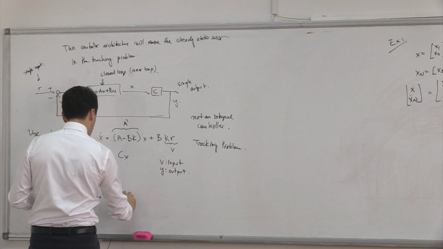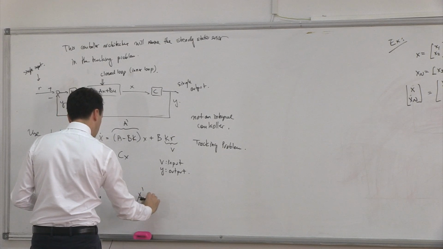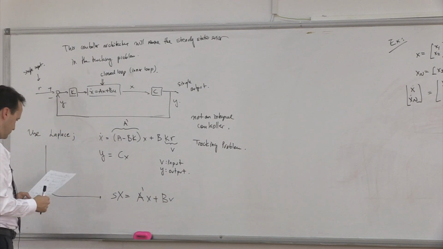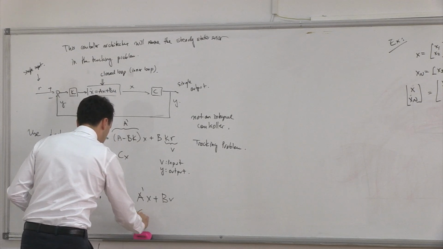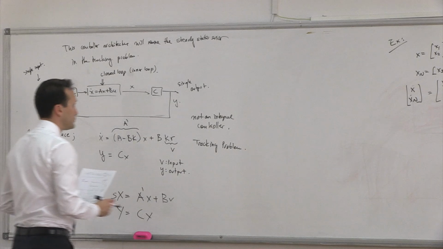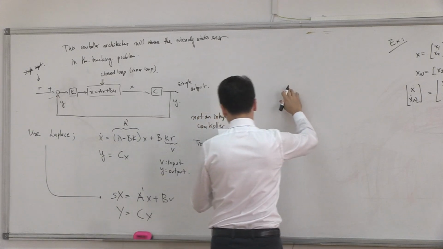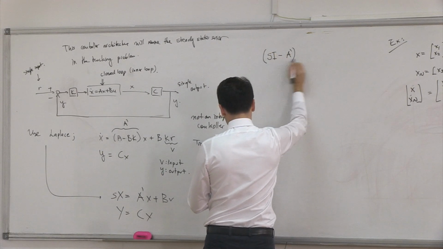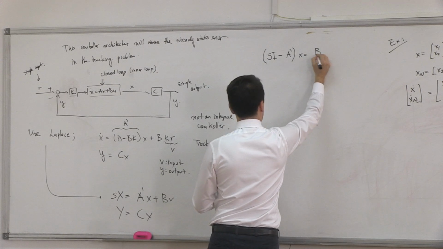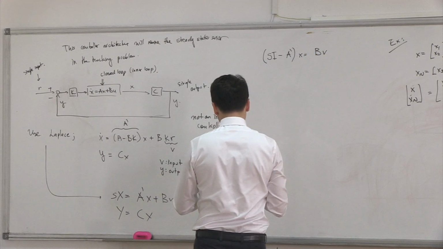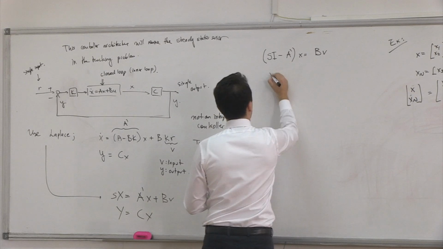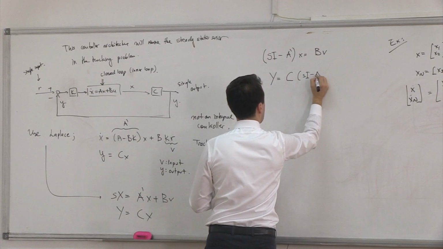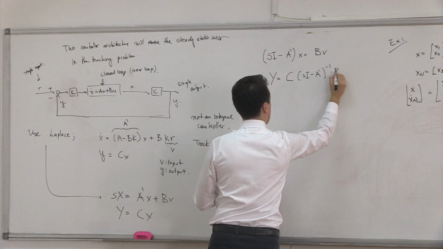S times X is equal to A prime X plus B times V. So I just wrote this one here, and Y is equal to C times X. So you take that, this will be sI minus A prime times X is equal to B times V. So Y will be equal to C times (sI minus A prime) inverse times BV.